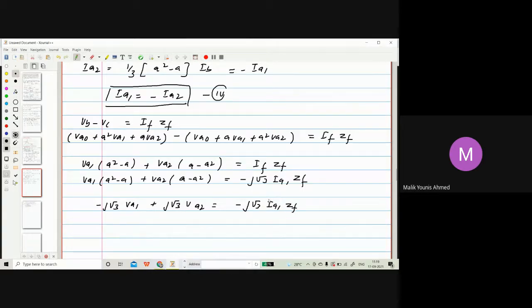So J under root 3 will get cancelled off throughout. So we can have VA1 minus VA2, that should be equal to IA1 into ZF. So let's call it equation number 5. Very important relationships we are getting. Equation 5, we can write down this.